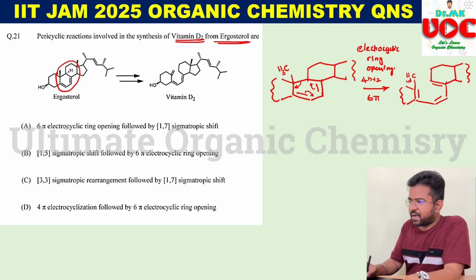And next step, what happens here? There are 3 hydrogen atoms present in the methyl group. Out of 3 hydrogens, 1 hydrogen will be involved in a rearrangement. So this electron is shifting here, this is shifting here, and this is shifting here, and the carbon atom makes a bond with this hydrogen atom.